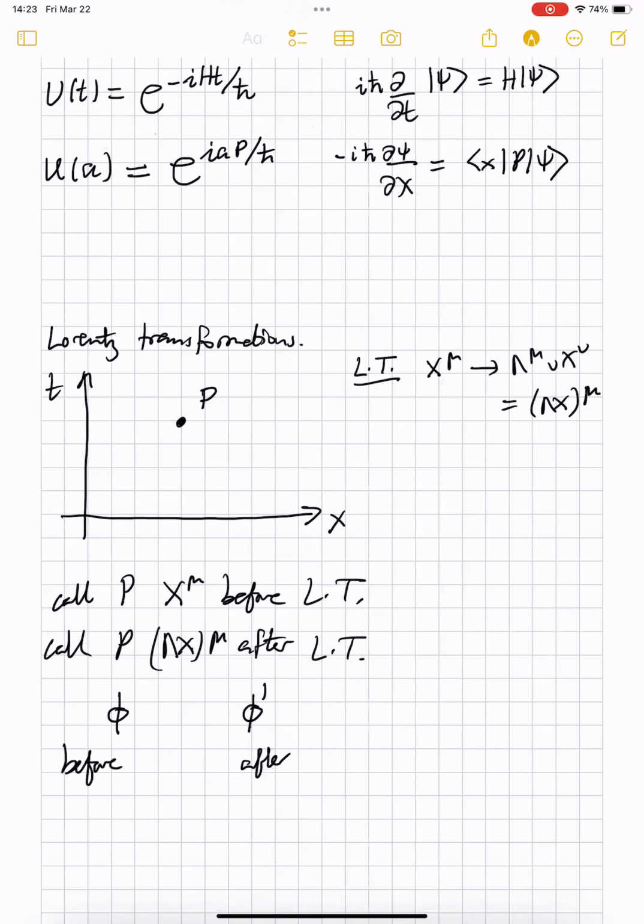Okay. When we say we've got a scalar field, what the scalar refers to, we don't want this field's value to change in space-time. We want it to be invariant under a Lorentz transformation. So that means the field evaluated at point P before the Lorentz transformation must be equal to the field evaluated at point P after the Lorentz transformation.